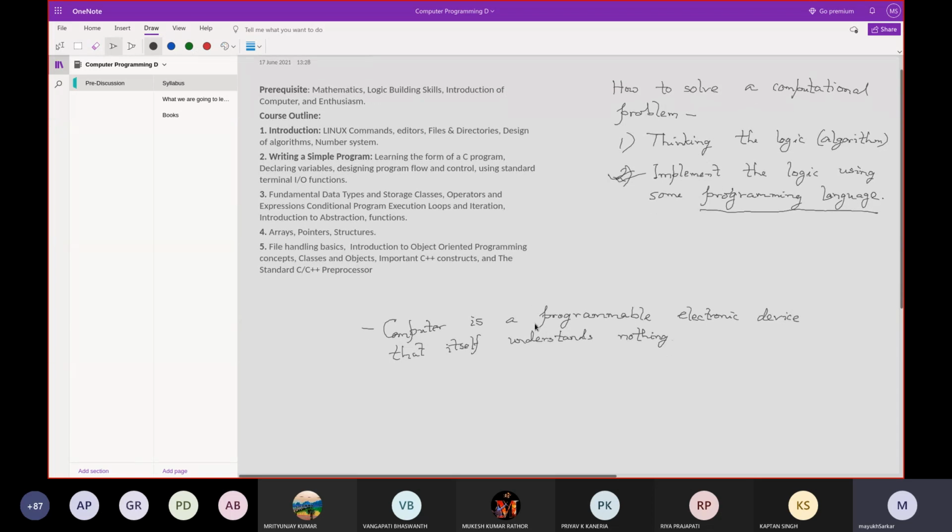And what does programmable mean? It means whatever logic you provide to it in its own language, it will do that blindly.